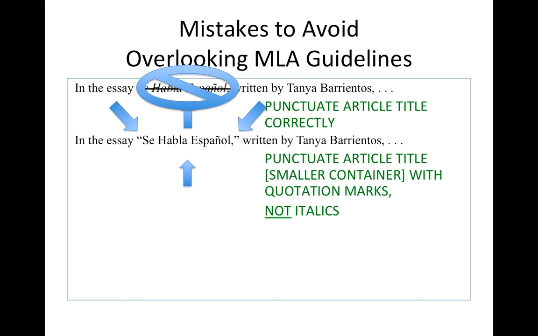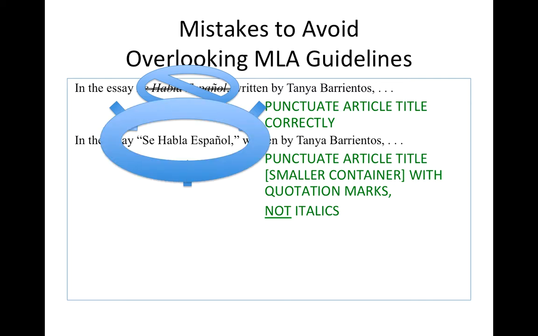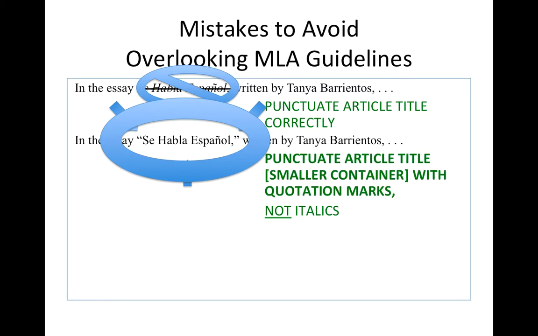So don't italicize the article title. Instead, use quotation marks. That's the right way to do it. And that's one of the MLA guidelines that you need to make sure that you adhere to in this paper. Punctuate the article title with quotation marks.